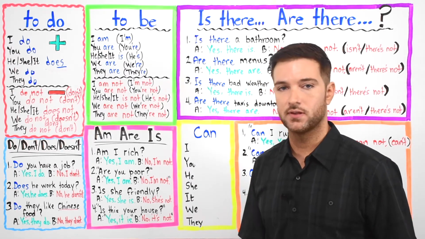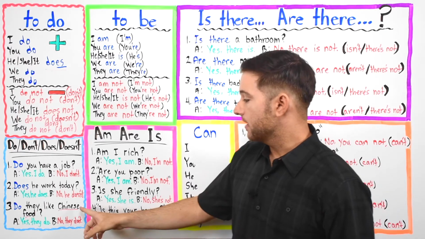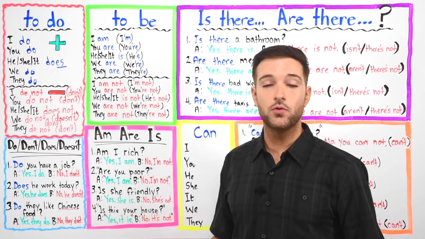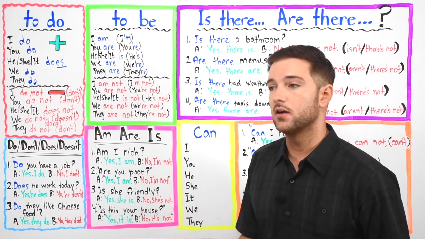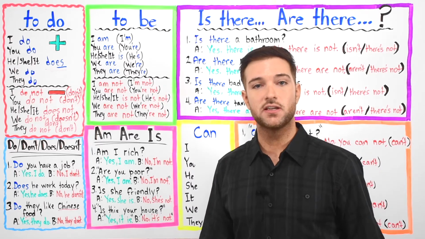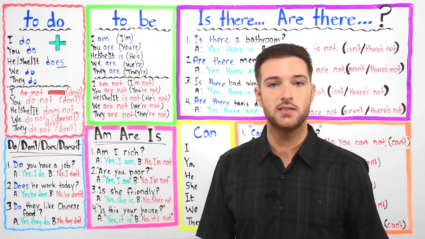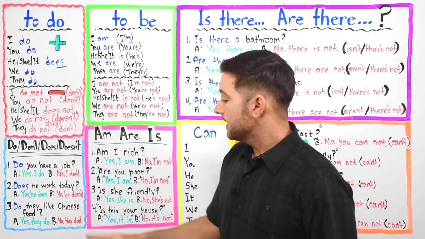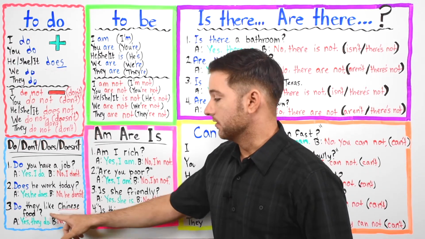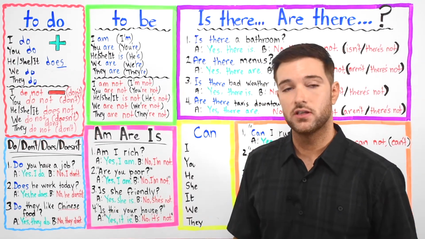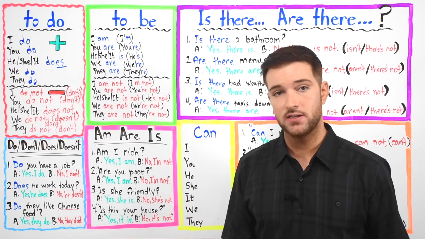Just remember that we put the adjective before the noun, unlike in Romance languages like French, Spanish and Romanian, where oftentimes the adjective comes after the noun, but not in English.